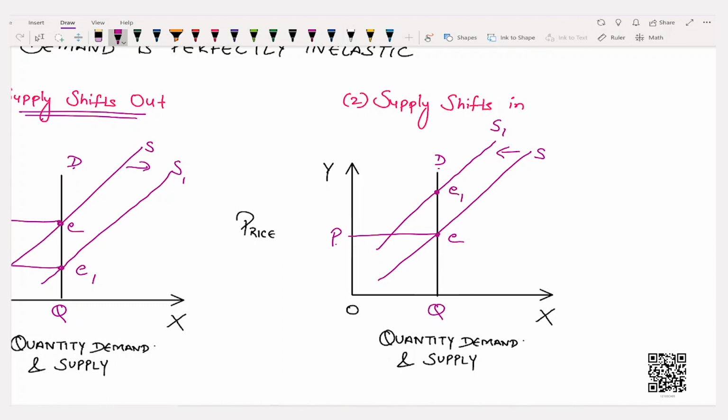Now the new equilibrium point is attained at point E1, where the equilibrium price increases from OP to OP1. So in these cases, the quantity has not changed but the price has increased or decreased.